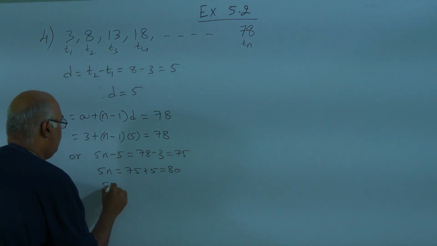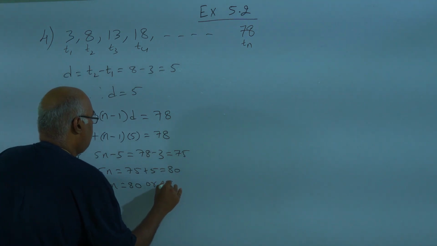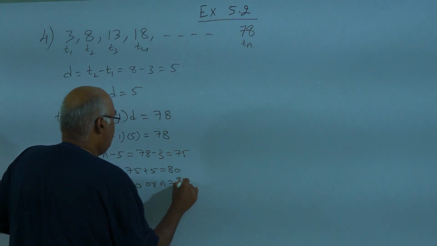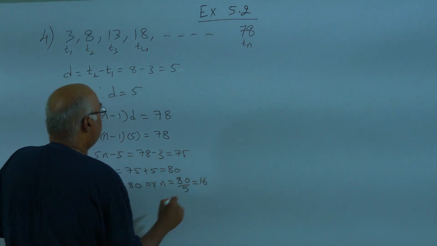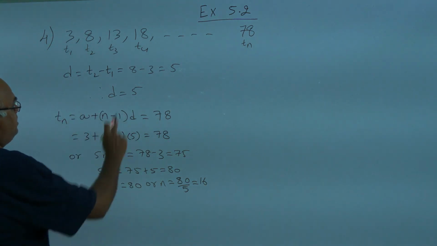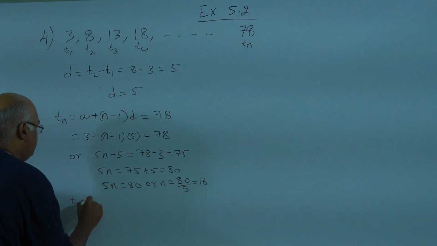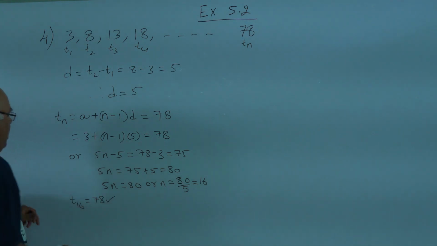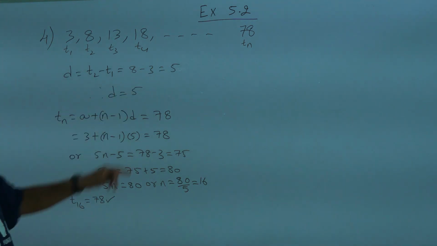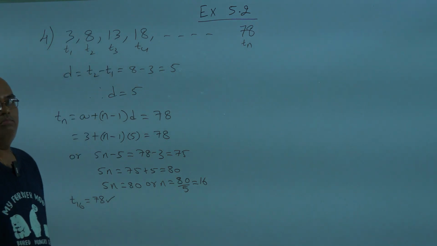So 5n is equal to 80, or n is equal to 80 by 5. This is equal to 16. Therefore 78 is nothing but T16, that is the 16th term is equal to 78. So this is the required answer. The number 78 is nothing but the 16th term of the given arithmetic progression.